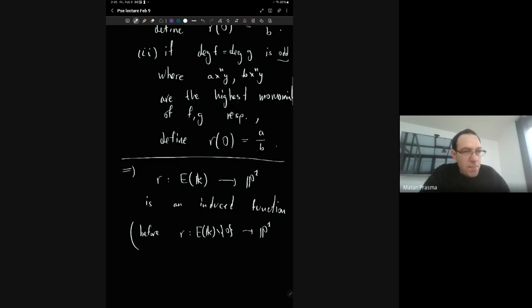If you take a point P here, if R is regular at P, you simply send it to R of P. And if R is not regular, you send it to infinity, right?